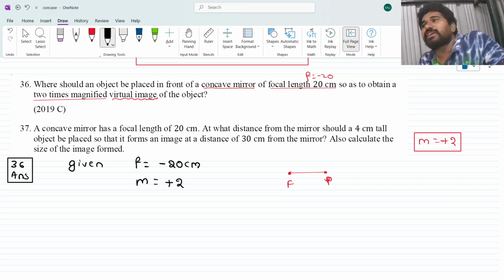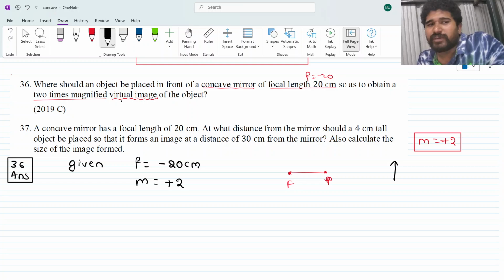But which mirror is it? Concave. We will get erect only. If it is a virtual image, it is an erect image. Keep that in mind. Virtual image means erect image.